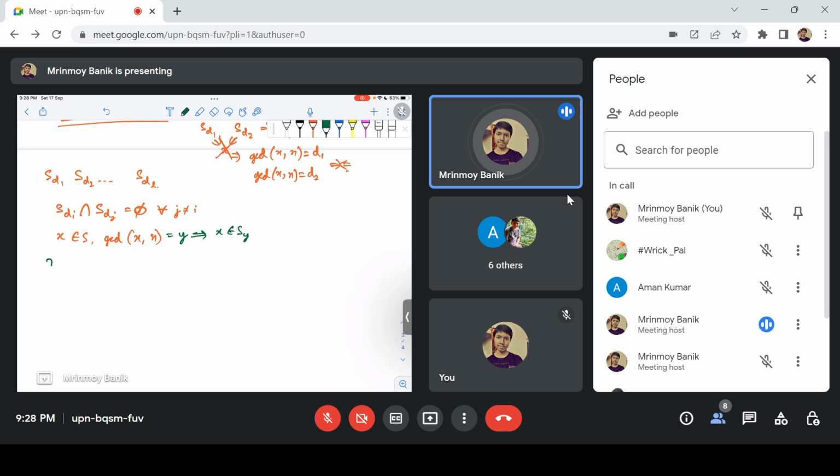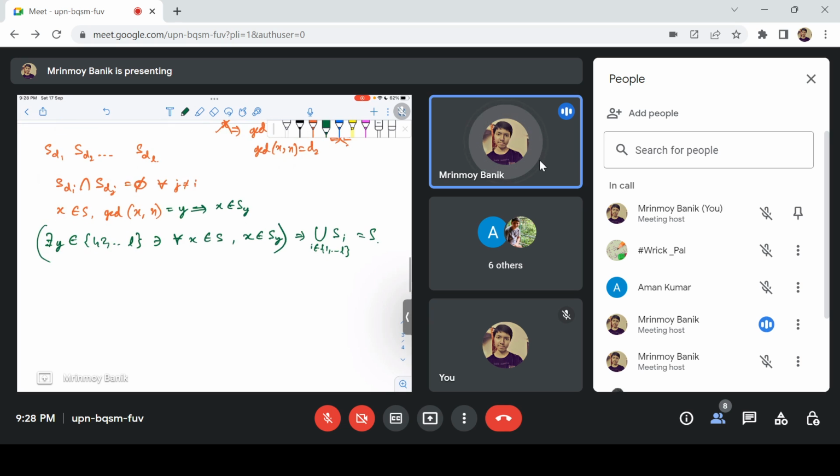So there exists y inside 1, 2, 3 up to L, such that for all x in S, x is in S_y. So this whole thing implies the union over S_i's, i in 1 through L, is S.